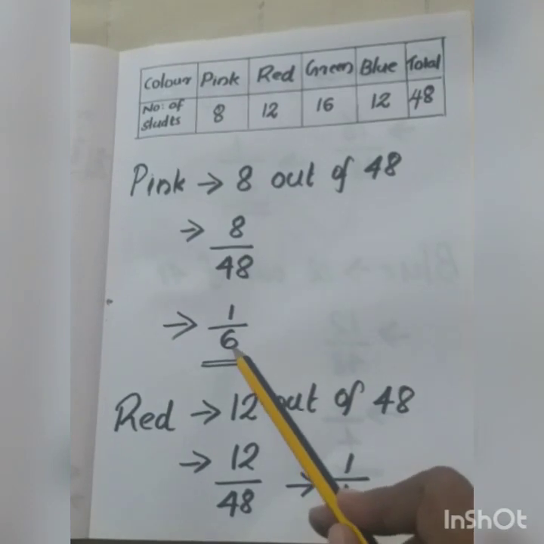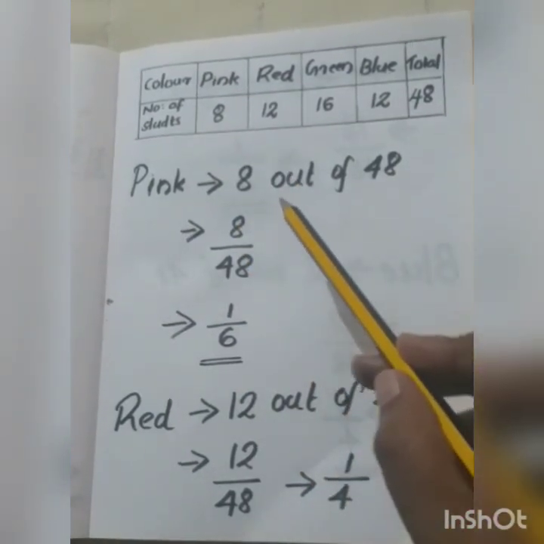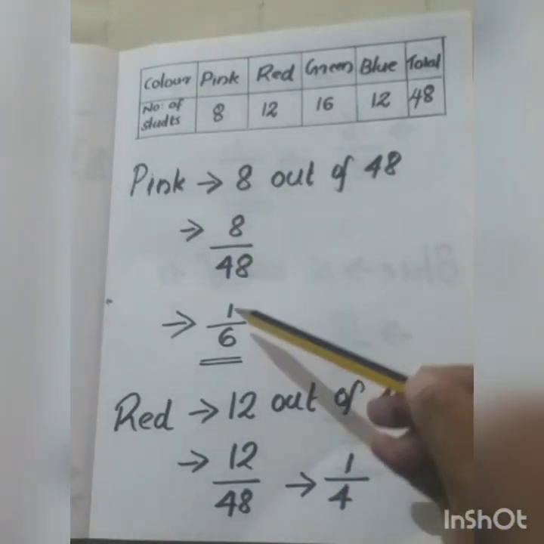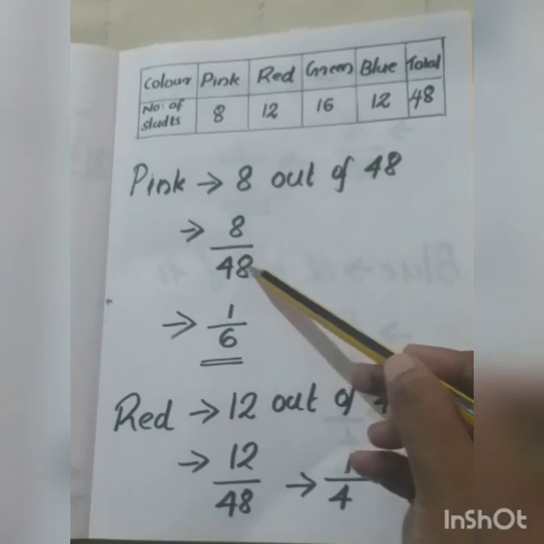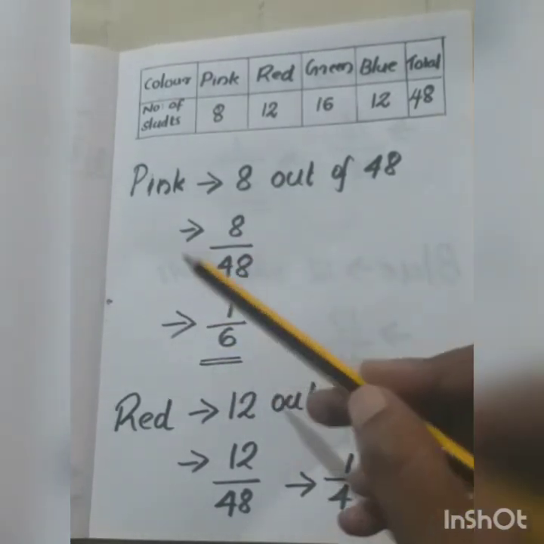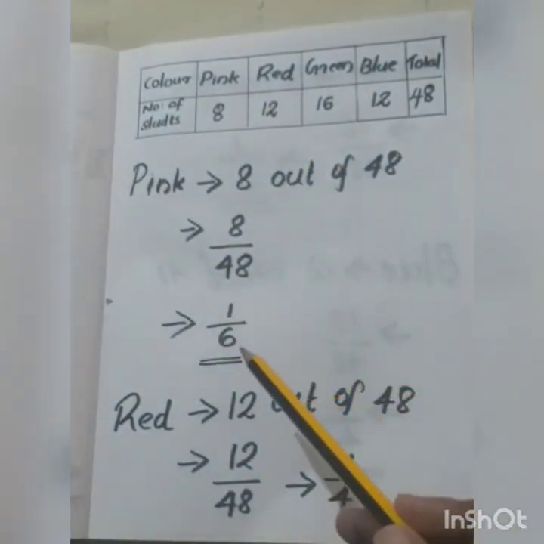Converting to simplest form, dividing numerator and denominator by 8, because here we get the common factor 8. So 8 divided by 8 you will get 1. 48 divided by 8 you will get 6. So you are getting 1 by 6. That is, the color pink represents 1 by 6 of the whole circle.